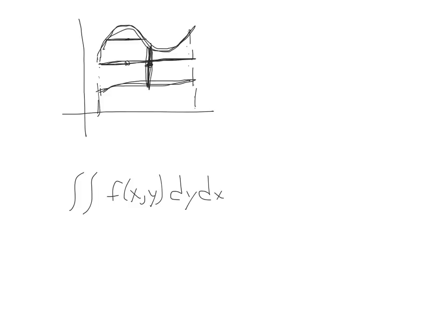If I'm going to integrate with respect to y first then x, I would simply need to have equations of that upper boundary and the lower boundary. So if the upper boundary is described by the equation y equals g2 of x, and the lower boundary is described by y equals g1 of x, then that point is allowed to travel downward until it hits y equals g1 of x, and upward until it hits y equals g2 of x.